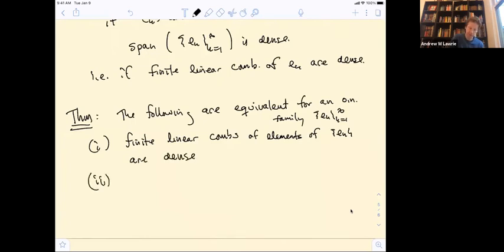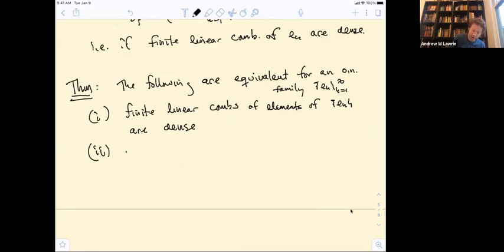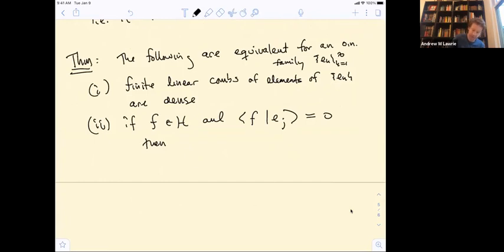Two, if f is an element of H, and if I pair f with any element of the family and get 0 for every j, then f equals 0.